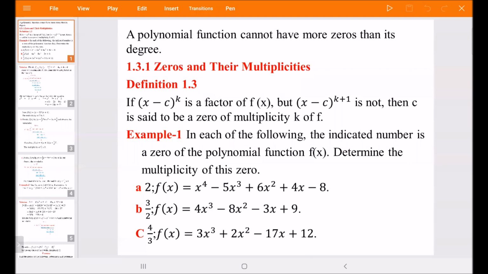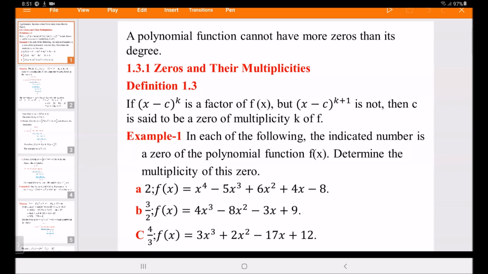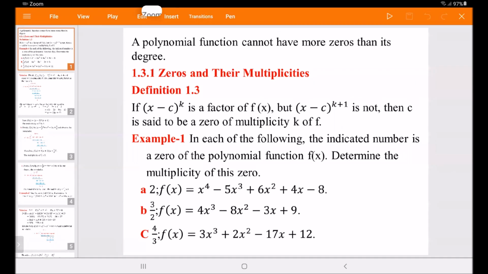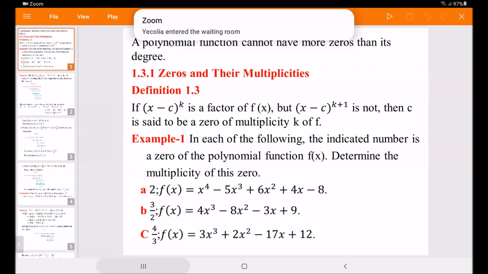The first one, the rational zero theorem, is helpful in finding the rational zeros of a polynomial. And the second theorem, the location theorem, is helpful in locating where the irrational zeros of a polynomial appear.